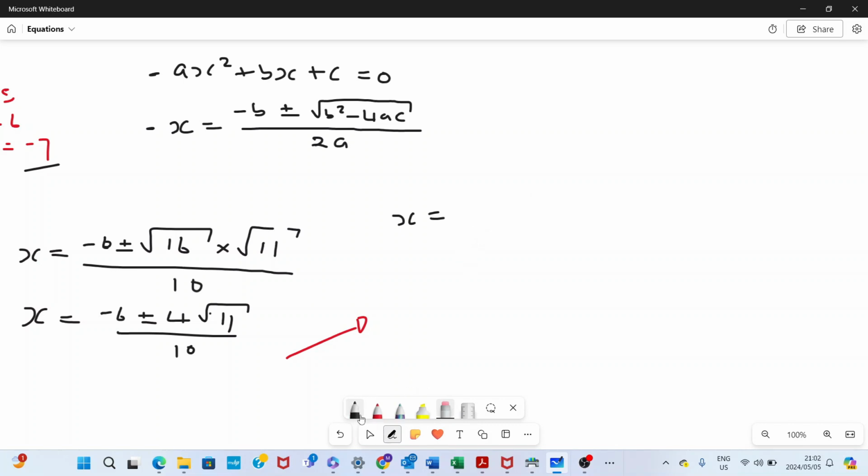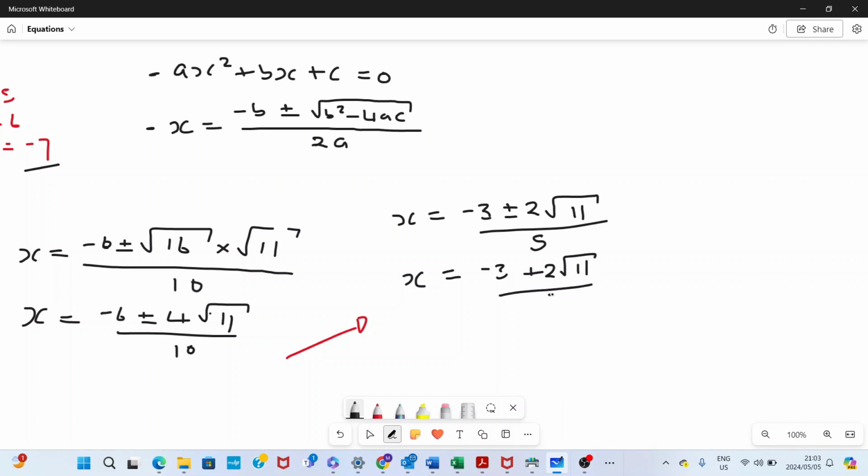If we look at this, we can factor out 2 because 2 is a common factor for 6, 4 and 10, and those can cancel out on the numerator and denominator, so we end up with minus 3 plus minus 2 root of 11 over 5, because we've already cancelled out the common factor from the numerator and the denominator.